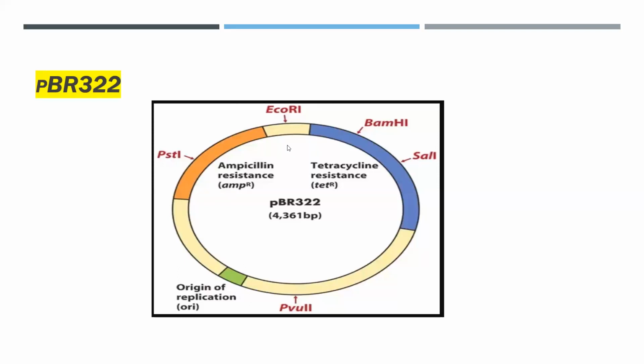The EcoRI restriction enzyme is isolated from the Escherichia coli bacterial species. Next, BamHI. This is a restriction enzyme.